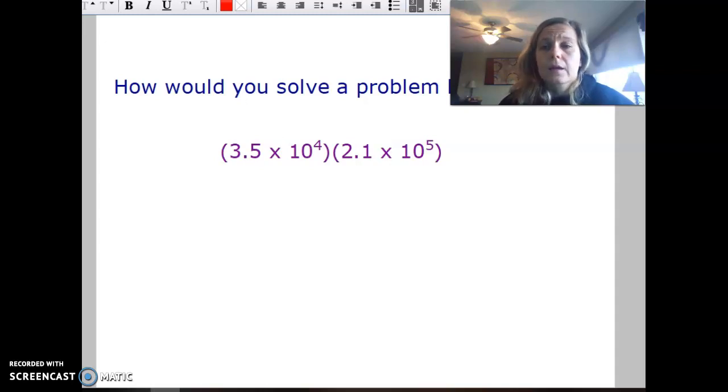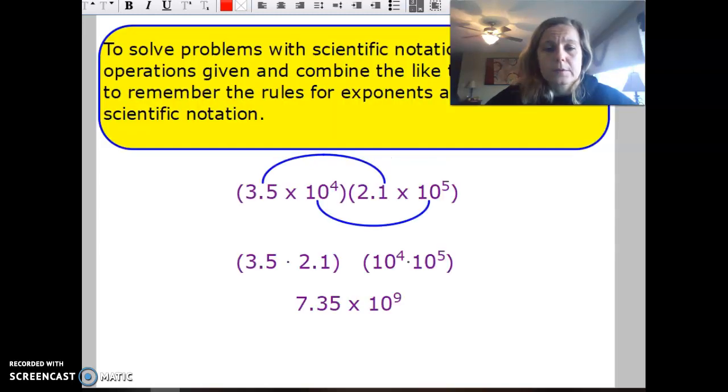And again, think about combining like terms. You are going to use the operation given and just combine like terms. And you have to remember your rules for exponents and proper scientific notation.